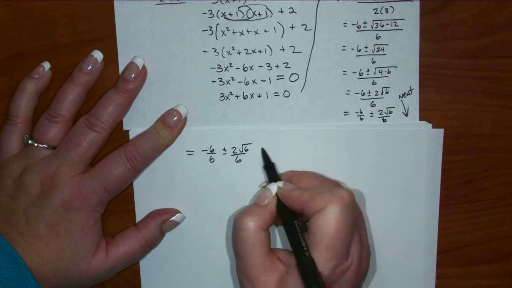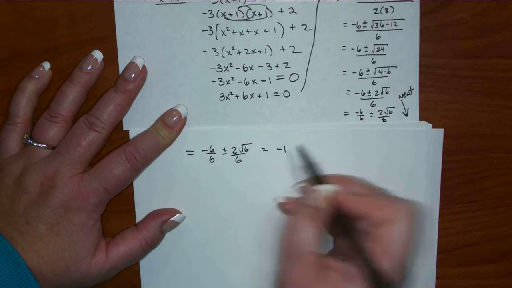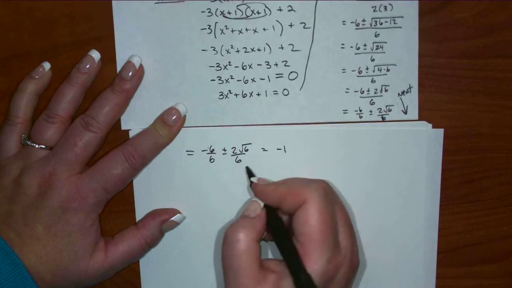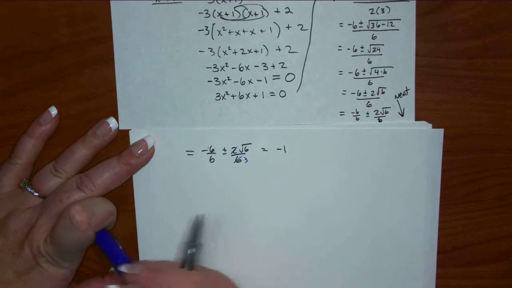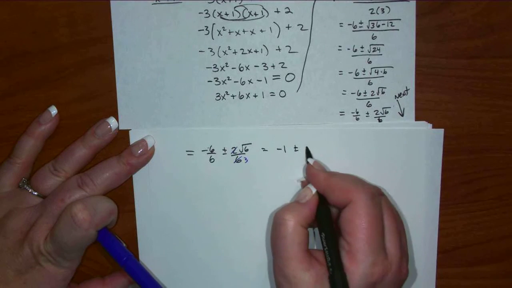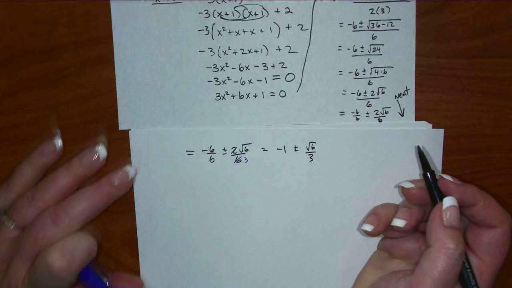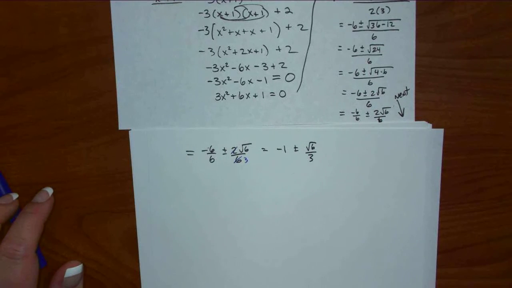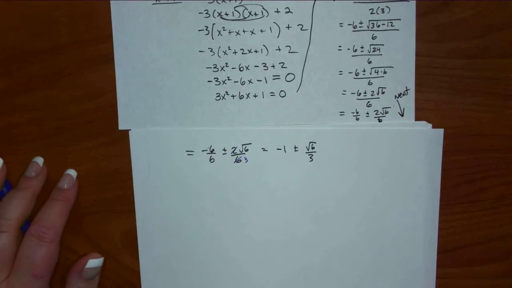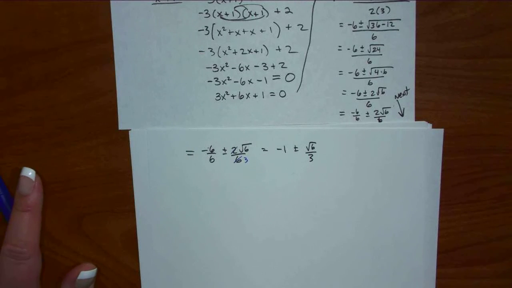So my 6 over 6 is 1. This 2 cancels and would give me plus or minus root 6 over 3. So this is kind of crummy to figure out where it goes, but it is what it is. Root 6 is close to what?